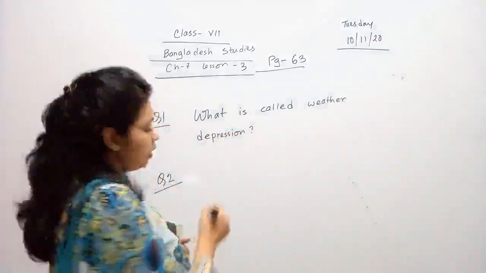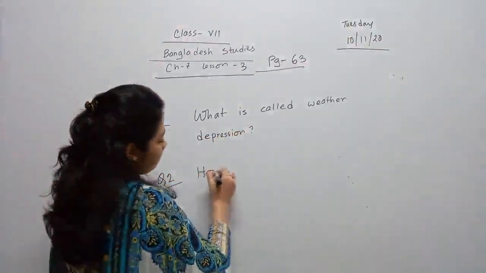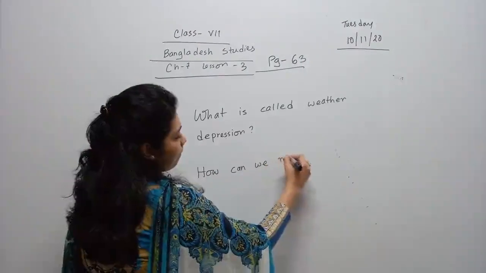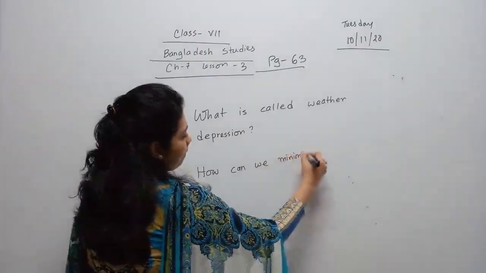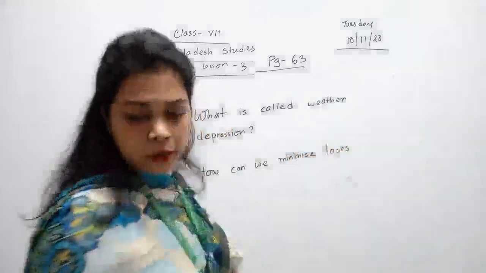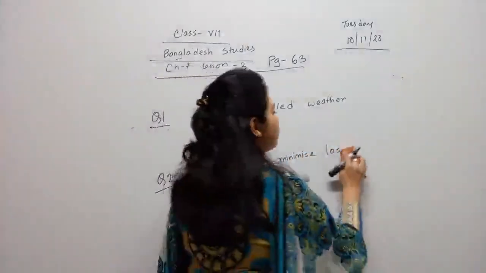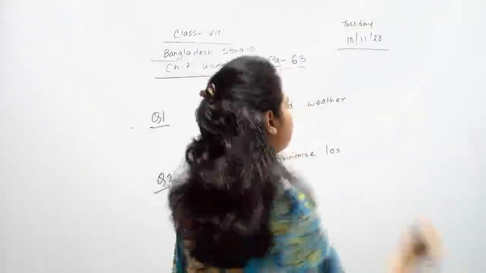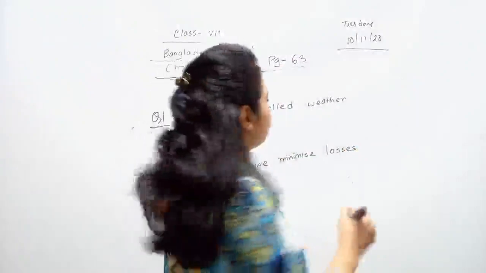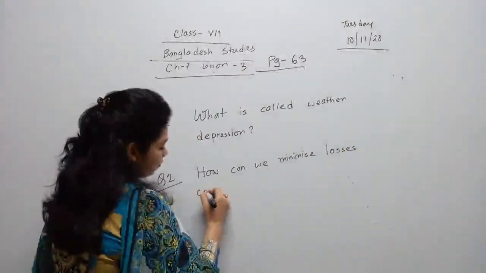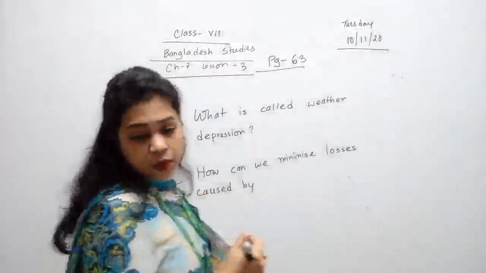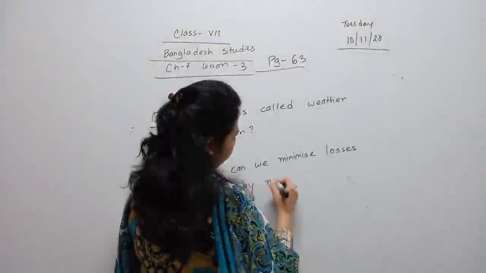How can we minimize losses caused by natural disasters?